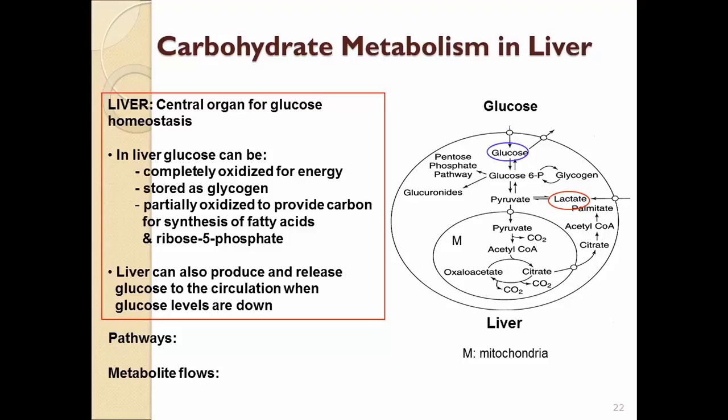So now let's talk about glucose metabolism in specific tissues. We remember we mentioned different tissues metabolize glucose differently in different physiologic conditions, right? So now let's talk about liver. The liver is a central organ for glucose metabolism. Liver can do all five different glucose metabolic pathways, right?